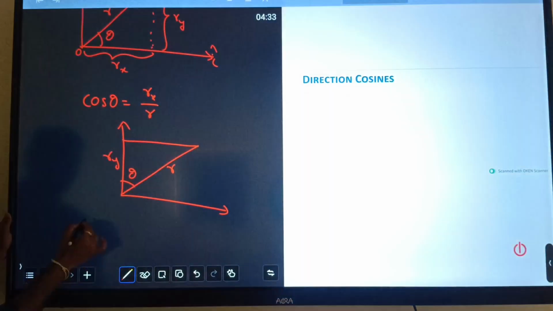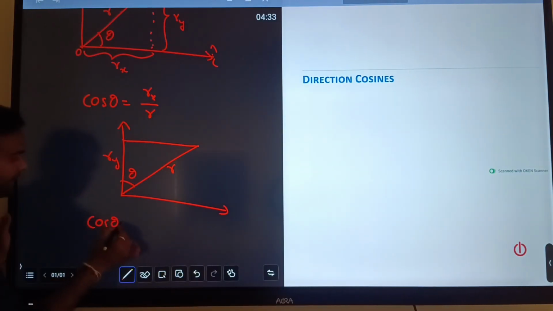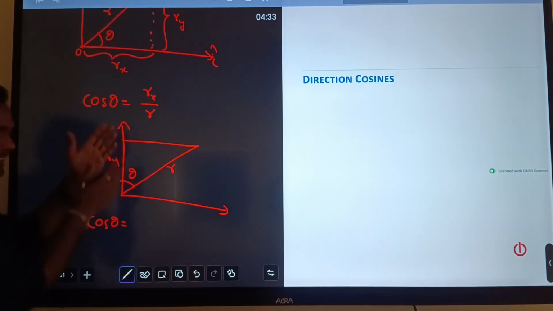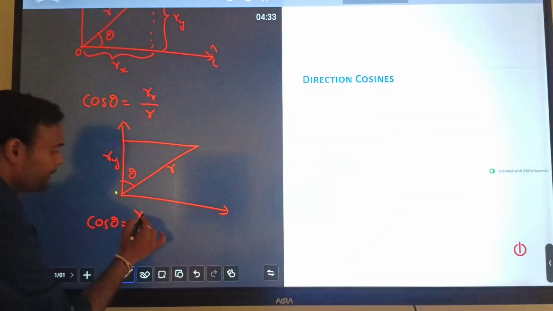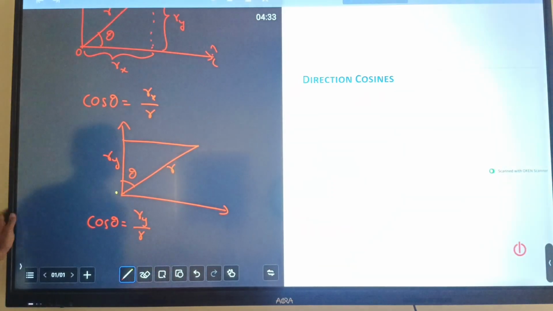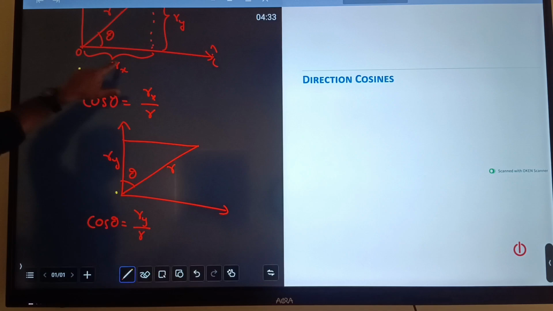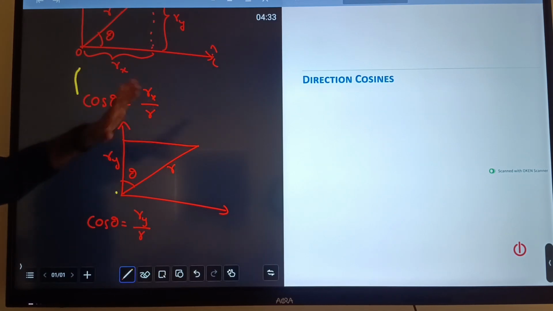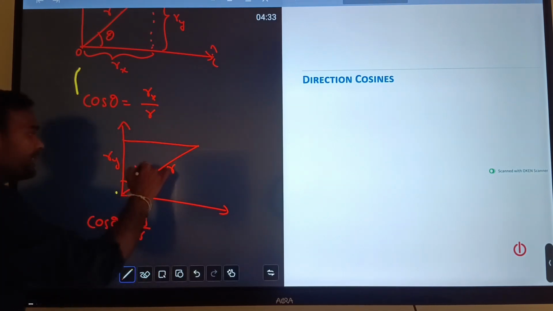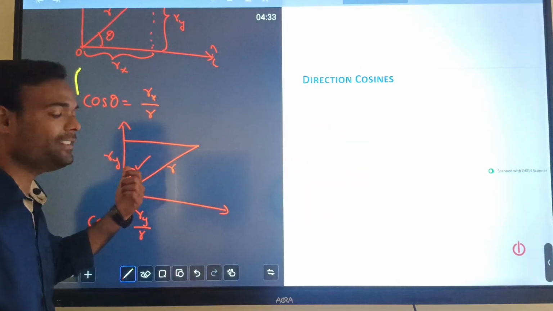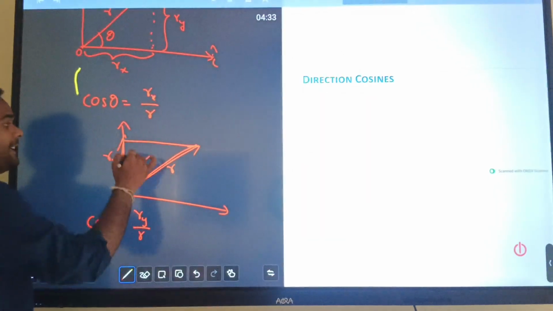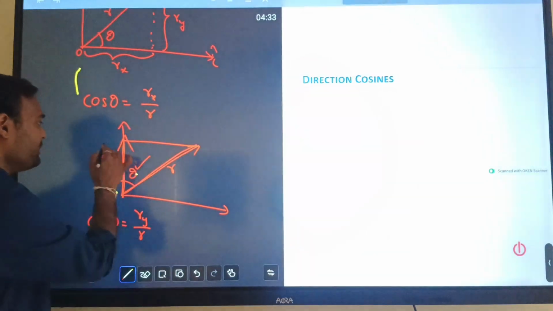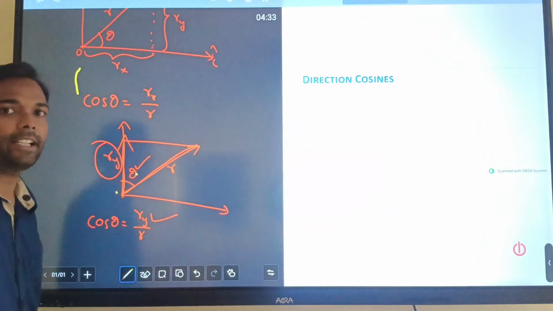Now still you need to write cos theta is equal to, now the angle is made with this one and this one. That's why you have to write ry by r here. Don't try to remember that the x-axis value is always present here. It is not the case. You have to consider between which lines the theta is present, the theta is present between the resultant and the line with which it is made. That side we have to consider in the numerator.